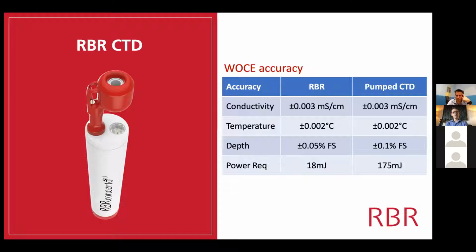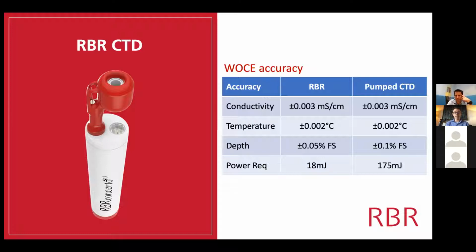It has this high accuracy conductivity, around 0.003 millisiemens per centimeter. That translates to around 3 millipsu, and it compares equally to the Seabird pumped CTD. Same thing for temperature. It has an accuracy of 0.002 degrees Celsius, same as the Seabird pumped.